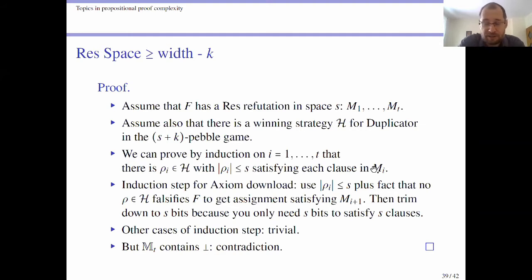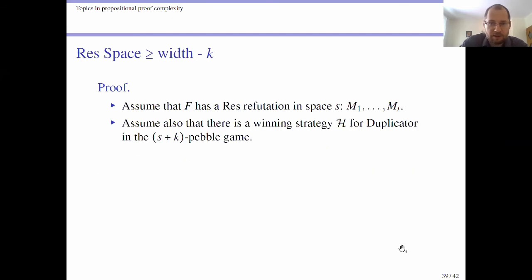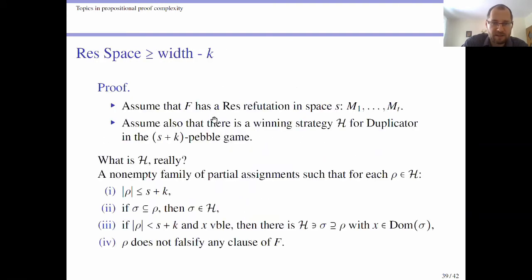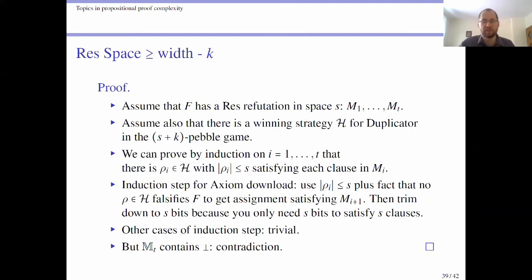So for every clause in that configuration, remember that a configuration is a set of clauses, the assignment will contain at least one satisfying literal, and it stays small, which is important. We're going to use this to make the induction go through.